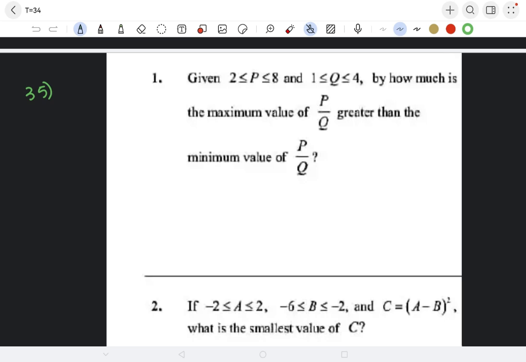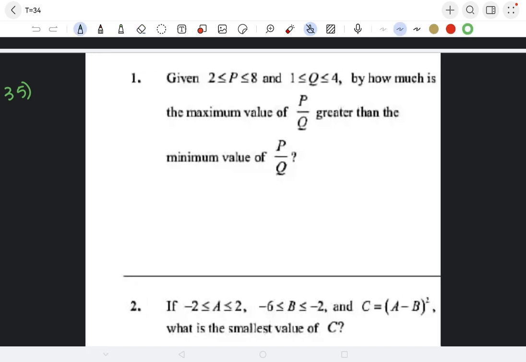I want you to read your question very carefully. First of all, we have to find the maximum as well as minimum value of P over Q. So you need to check all the options. 2 divided by 1 will give you 2, and 2 divided by 4 will give you 1 over 2. So 1 over 2 is the minimum.